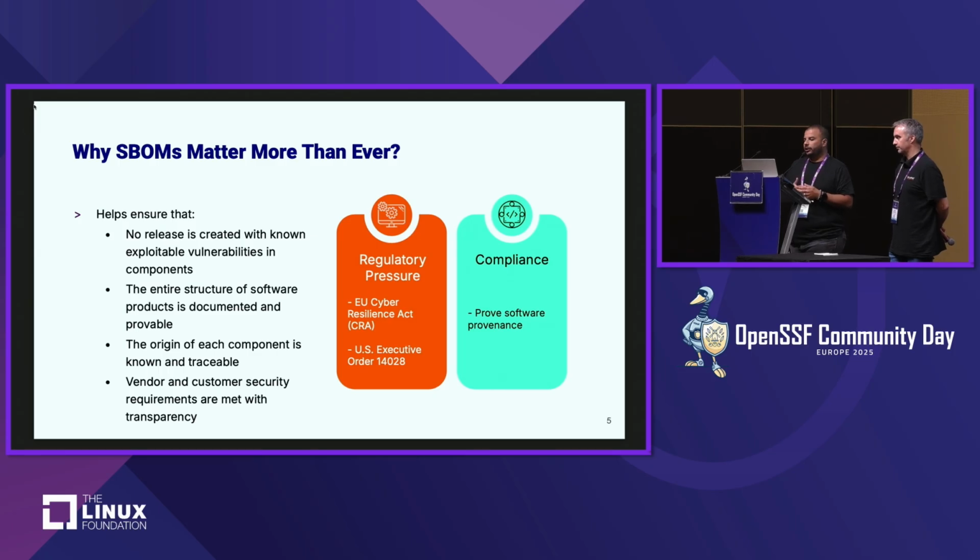The origin of each component is known, and we can track it. The vendor and customer security requirements can be matched. In the end, we will be compliant as well, and we can prove our provenance. Of course, this is the beginning, but it's the way we can start well.